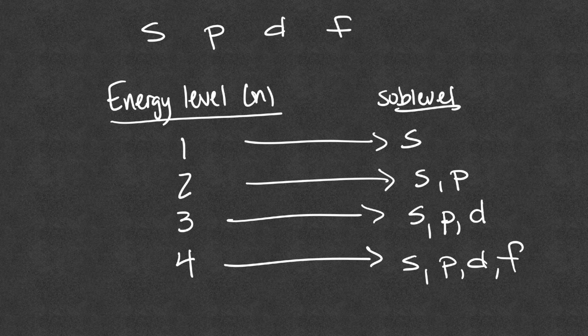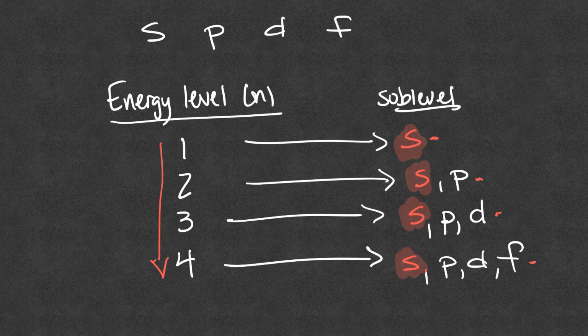As the energy levels get larger and larger, you also increase the number of sublevels that you see, and this is always the case. S always appears in every energy level: it's in the first, second, third, and fourth.